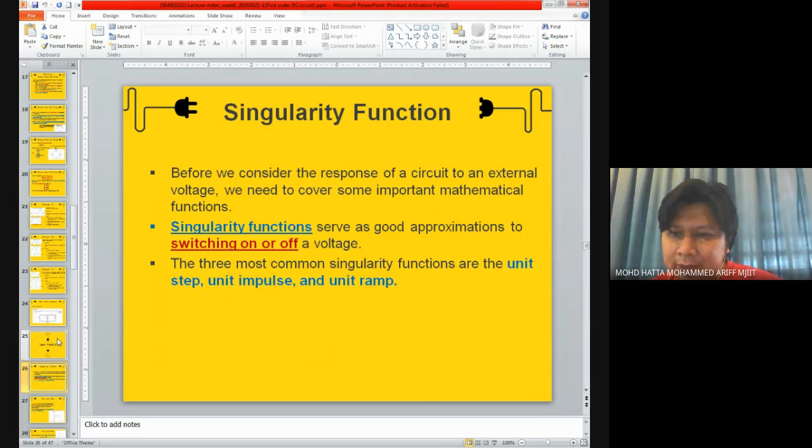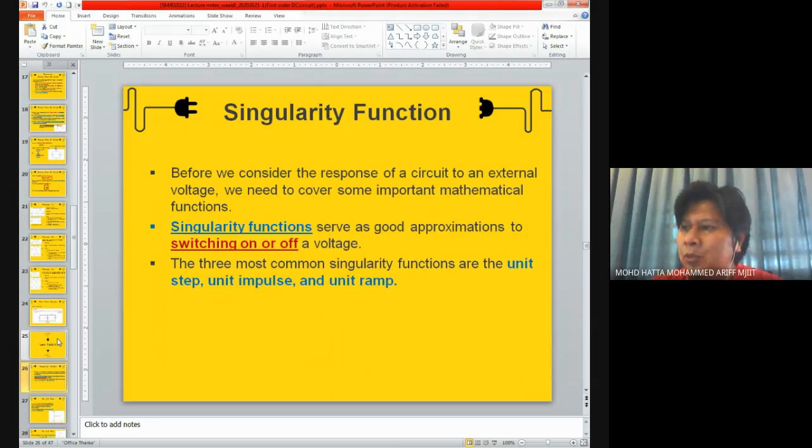But we can replace that kind of voltage or current source by using a singularity function. If you have switch and source, you can also represent it as singularity function.